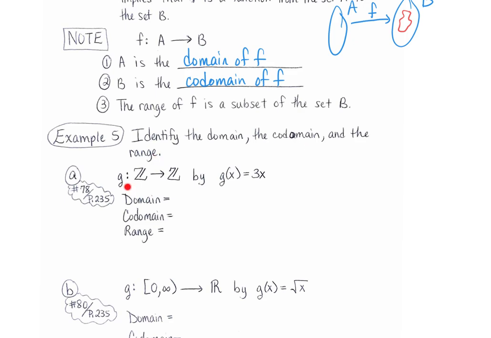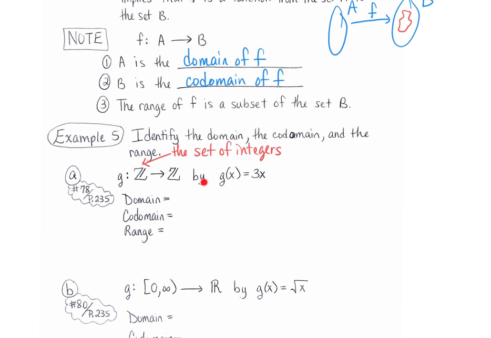G maps the set of integers. So Z is the set of integers: negative numbers, positive numbers, and 0. G maps the set of integers to the set of integers.